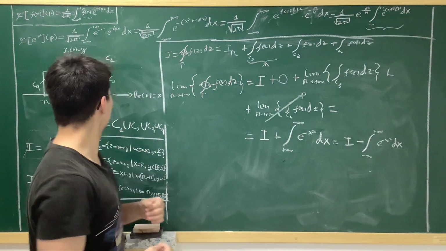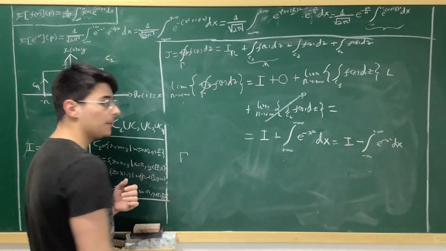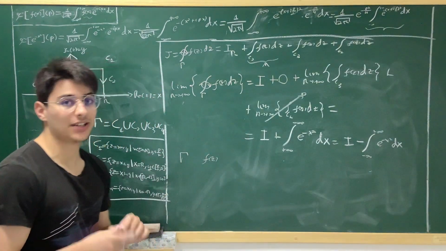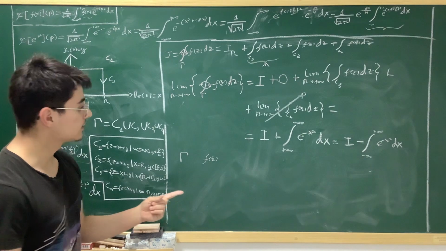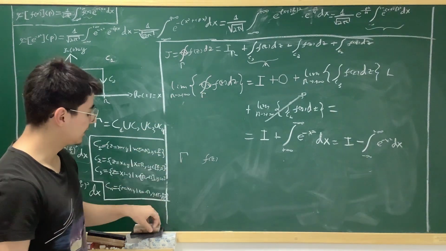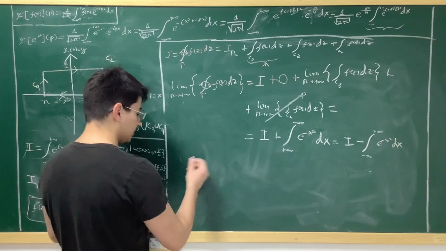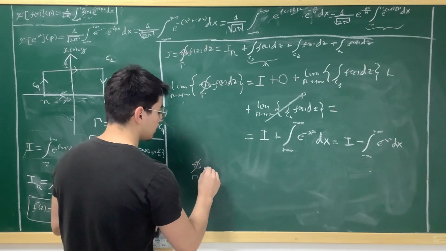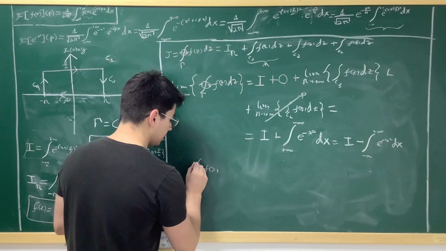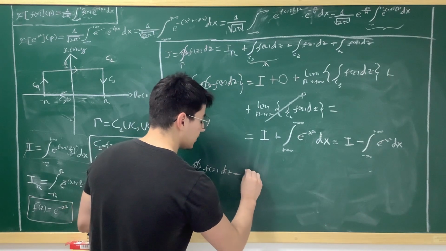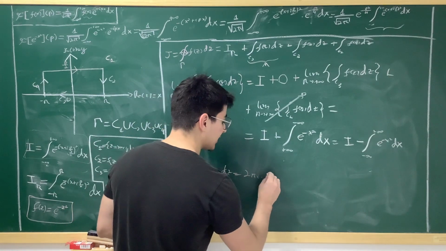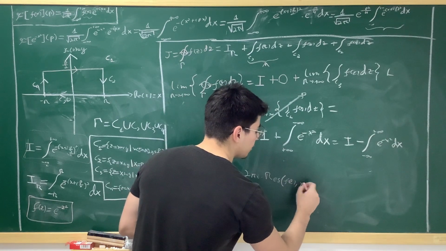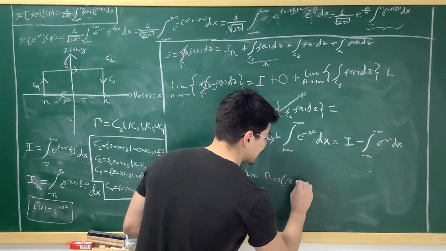And Cauchy's residue theorem tells us that if we have a closed contour gamma and our function f of z is not analytic in a finite set of points, then this closed integral is equal to 2 pi i times the residue of the function f of z at those set of points, which I'm going to call ci.